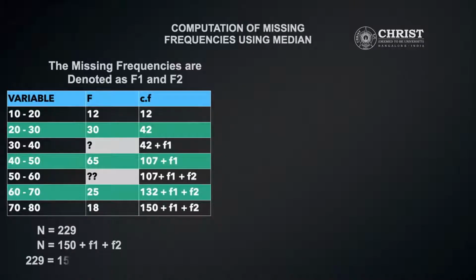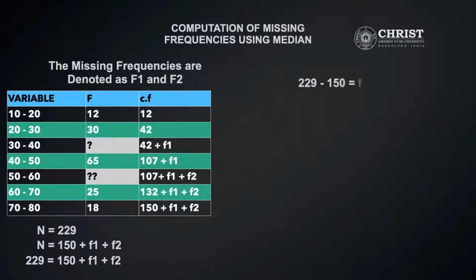Please remember that this is an important equation: 229 is equal to 150 plus F1 plus F2. When we compute one frequency value, we will substitute that value in this equation and then calculate the next, F2, the second missing frequency. So this information is important.